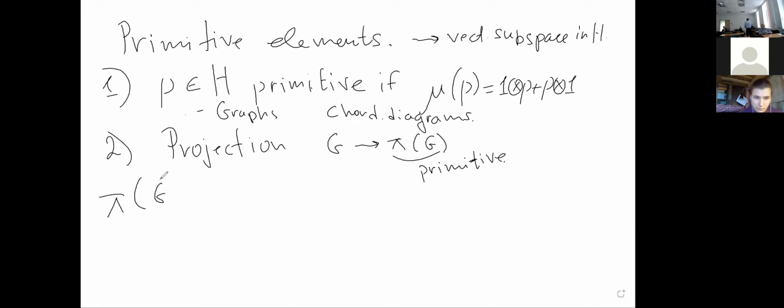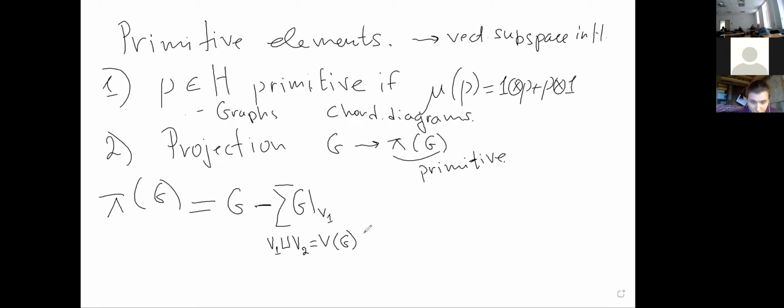Like this. We have G minus... we consider all the decompositions of the vertex set of G into the disjoint union of two sets.